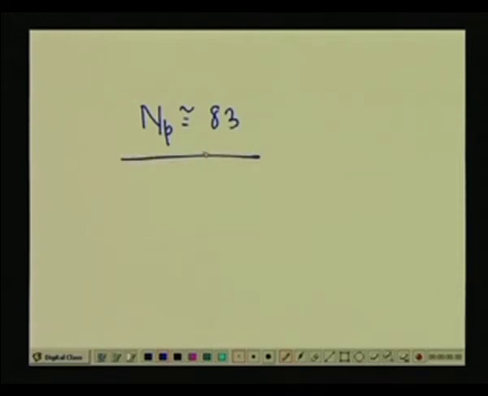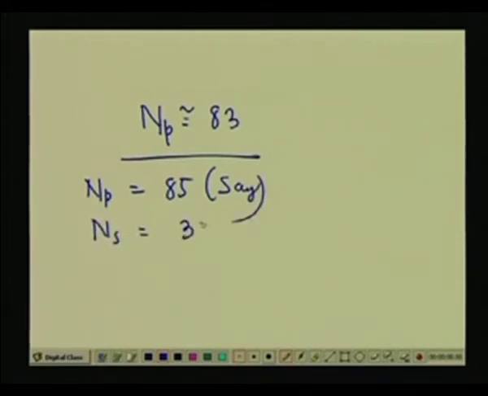We take NP equal to 85, say, and NS we have taken equal to 4 times, 340. So, if I write down all the design parameters of the LVDT which we have designed, it will look like this.